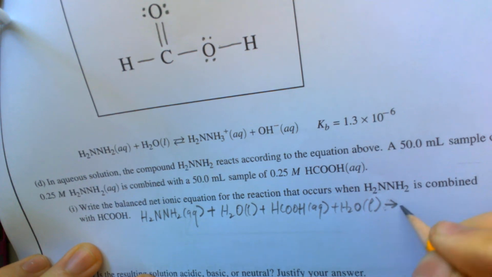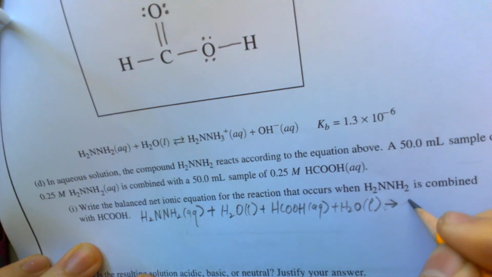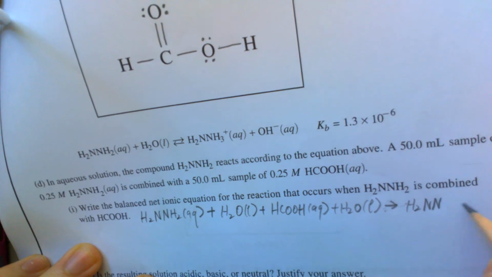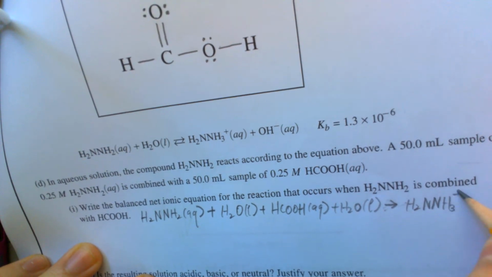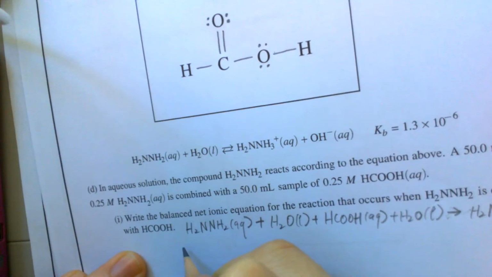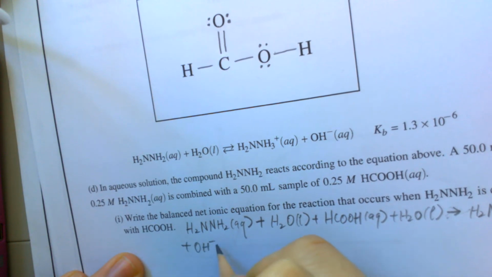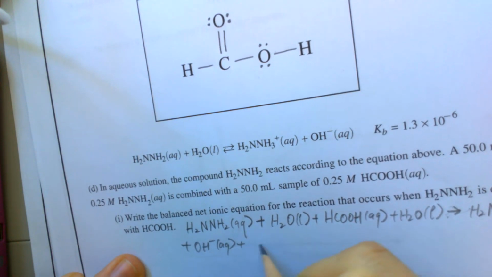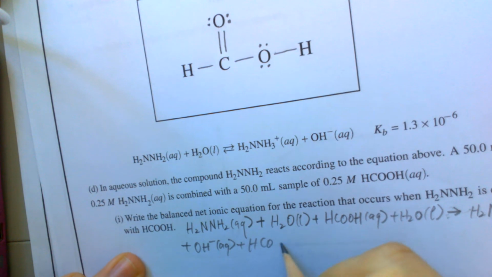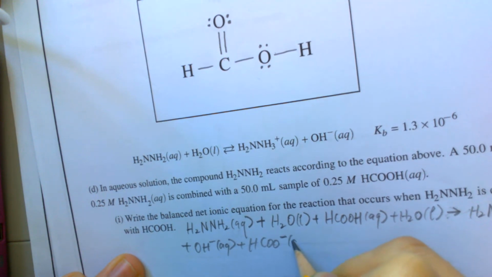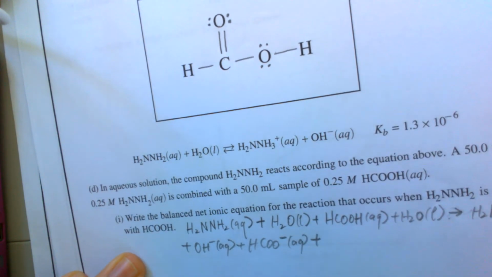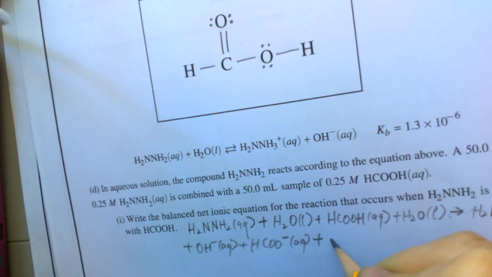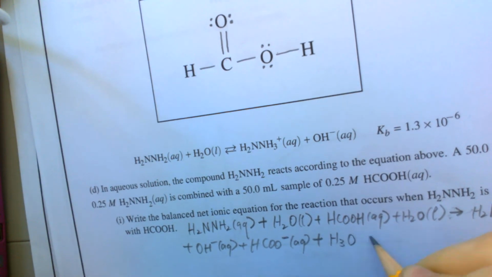Okay, let's form H2 and H3 plus aqueous plus OH minus aqueous plus HCOO minus aqueous plus, what we have here, we have H3O plus aqueous.